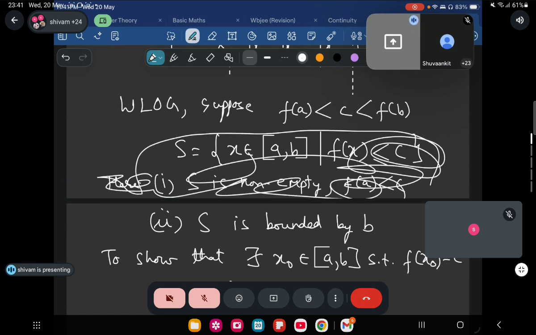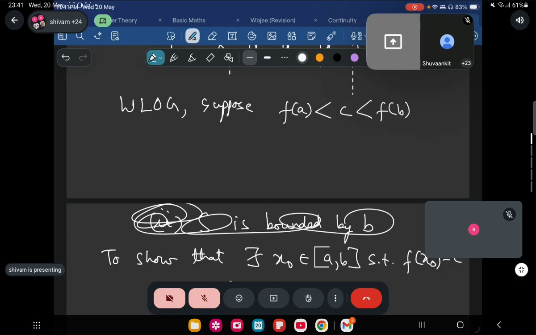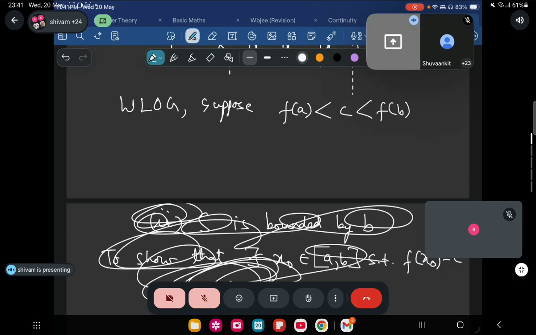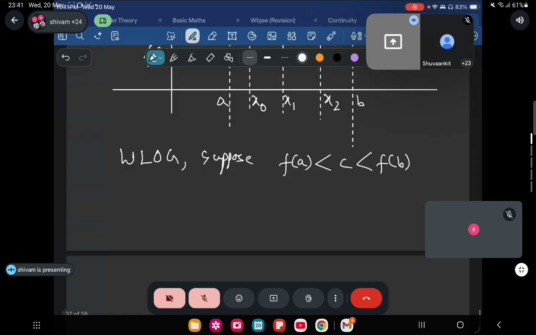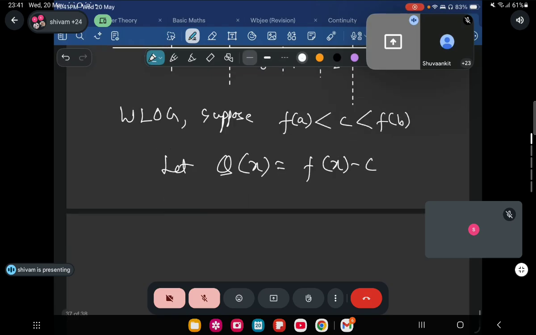Wait. I'm taking a lot of pain. Okay, using sets. Pay attention. So suppose f of a is less than c is less than f of b. I'm going to take a function. Let q of x equal f of x minus c. What is q of a? q of a equals f of a minus c.